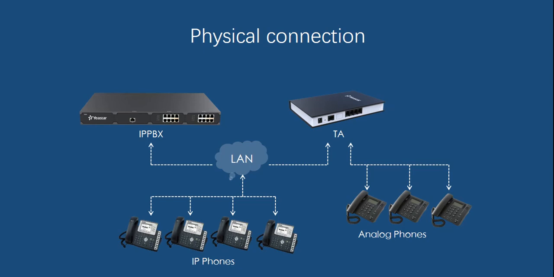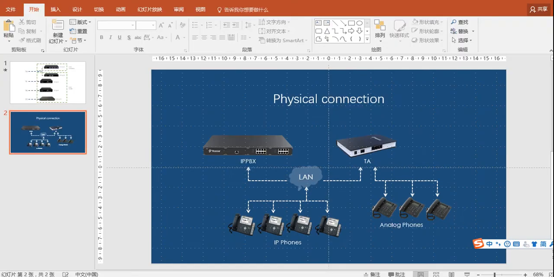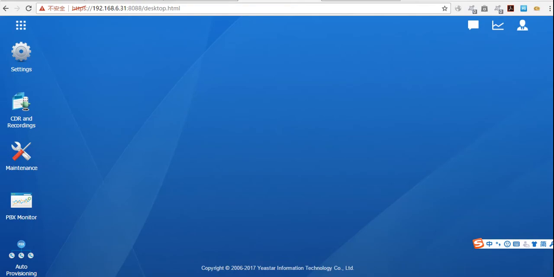Okay, now let's get into the web GUI. All right, here we go. So first of all, let's talk about TA gateways that come with FXS ports, the gateways you use basically to connect analog phones.